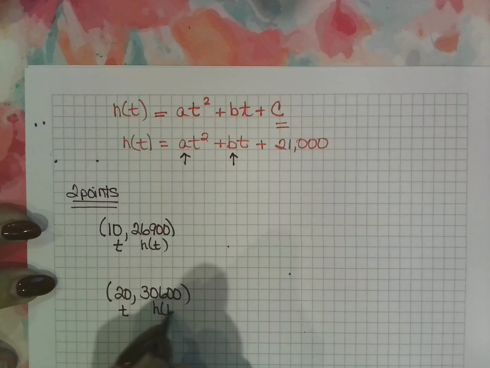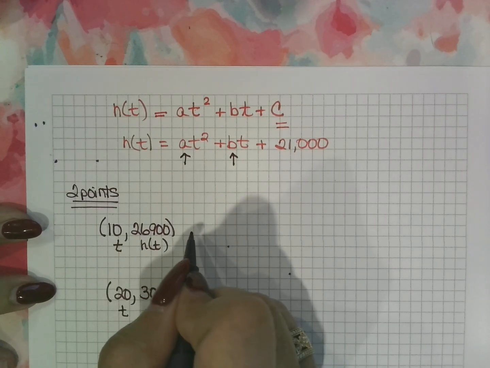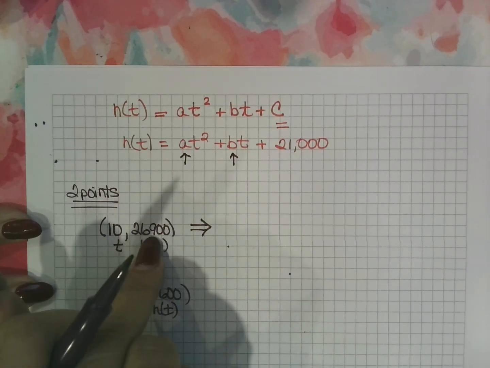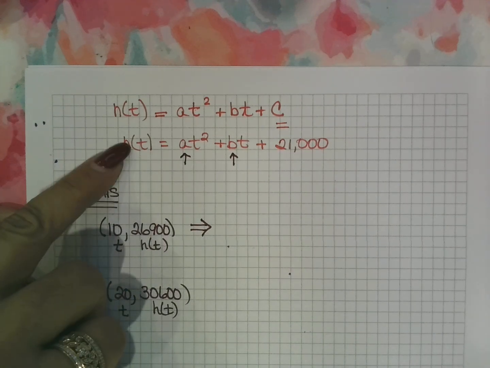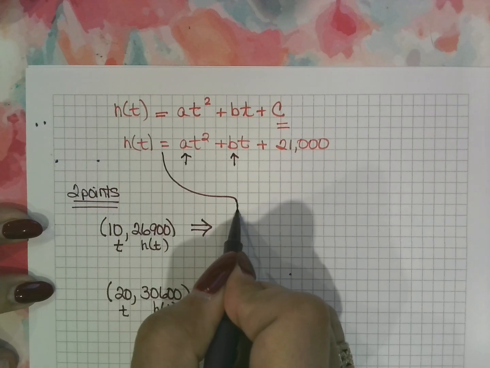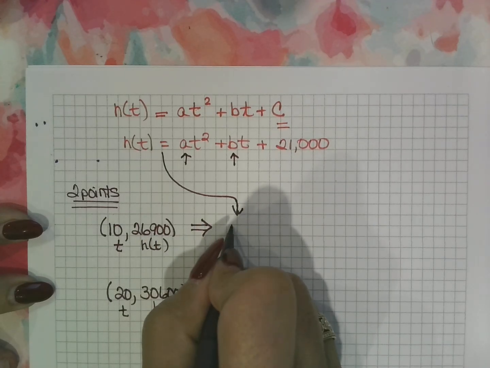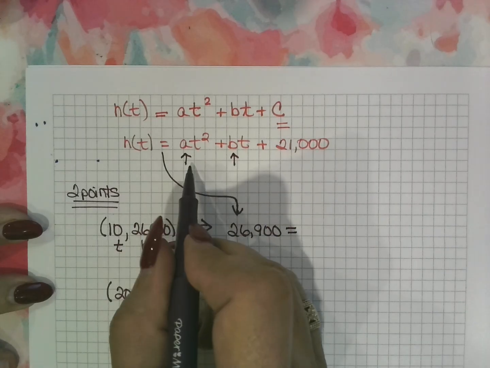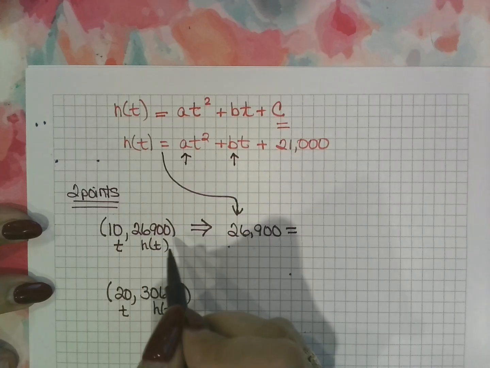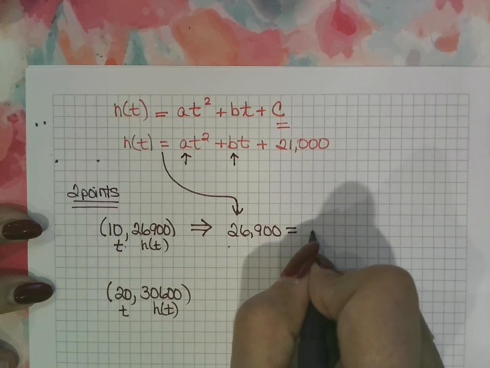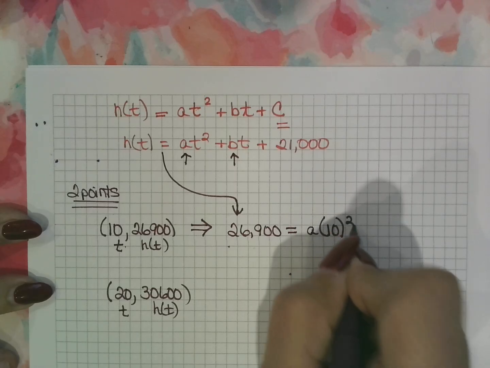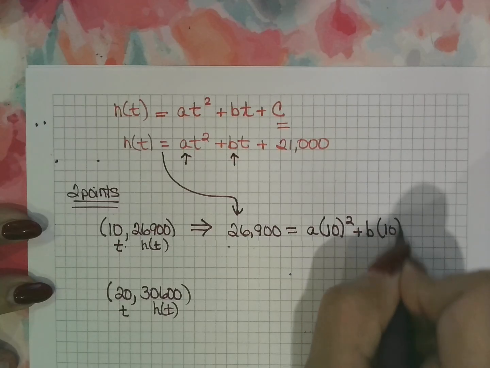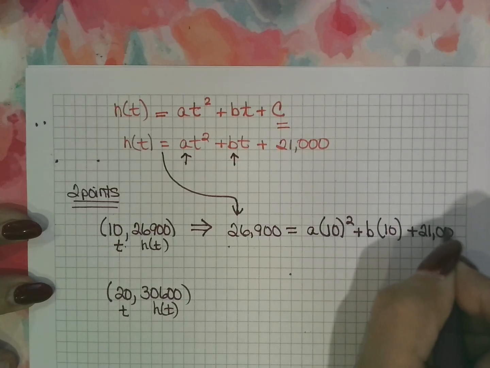So for this first one, I'm going to substitute 26,900 for h of t and rewrite the whole thing. 26,900 equals, I don't know what a is, but I know that t is 10, so this is a times 10 squared. Again, I don't know what b is, but I know t is 10, and I've got 21,000.